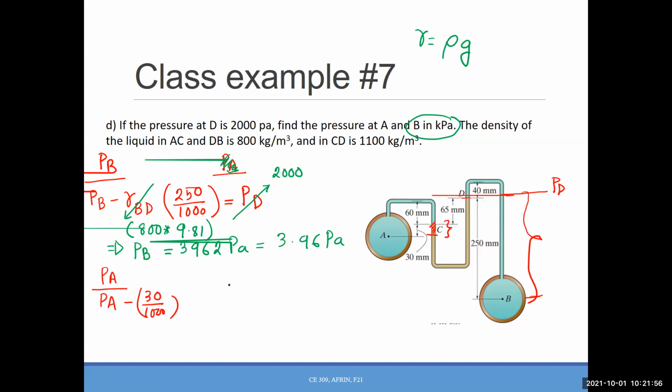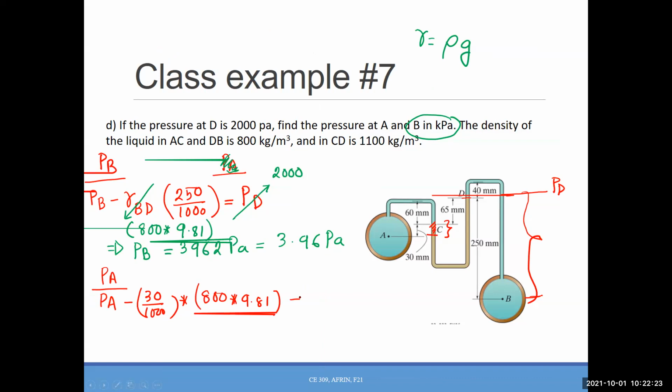This one is gamma AC, which is 800. So 800 multiplied by 9.81, right?